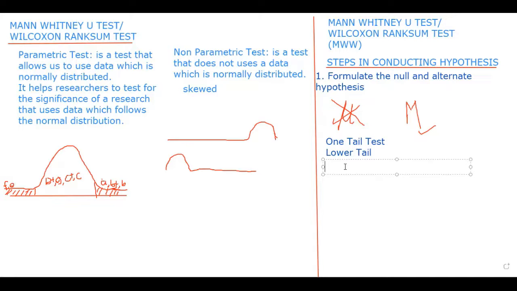You get it? So when you are writing it, H0 is such that M1, so the one writes subscripts. As I move on, I'll be using a normal one because of the keyboard, but when you're writing it, just use subscripts. So for the lower tail, H0 is M1 greater than or equal to M2.